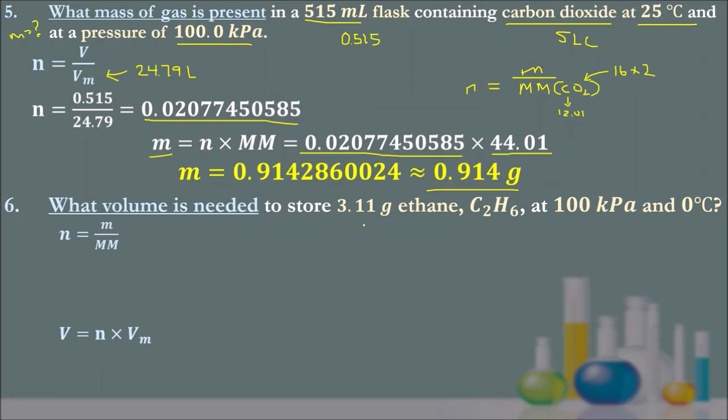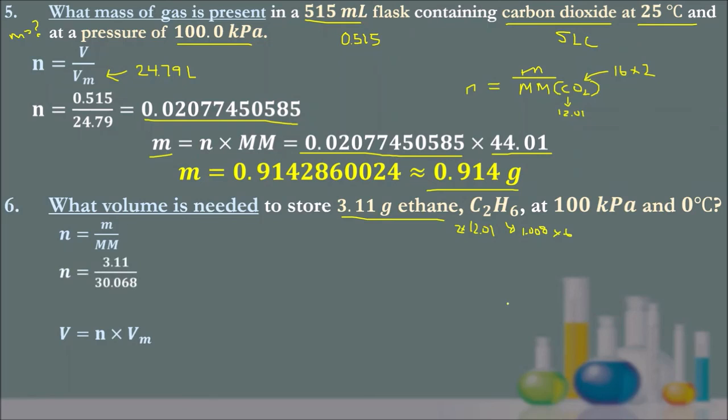Question 6, we have ethane. That's the mass. So we're actually working backwards now from what we did in question 5. So we know the mass, we find the molar mass of ethane. So carbon is 12.01 times 2. Hydrogen 1.008 times 6.